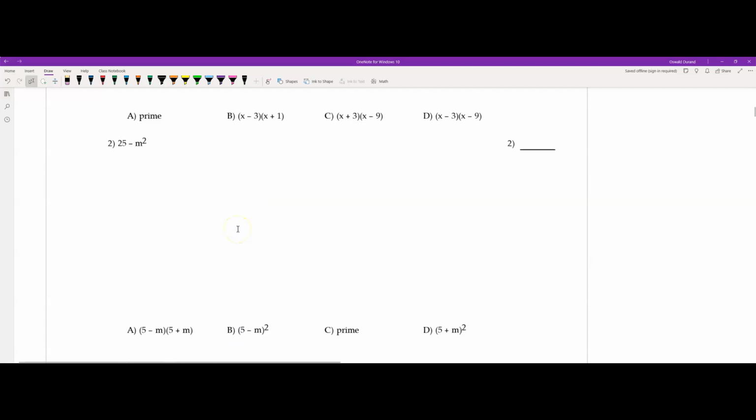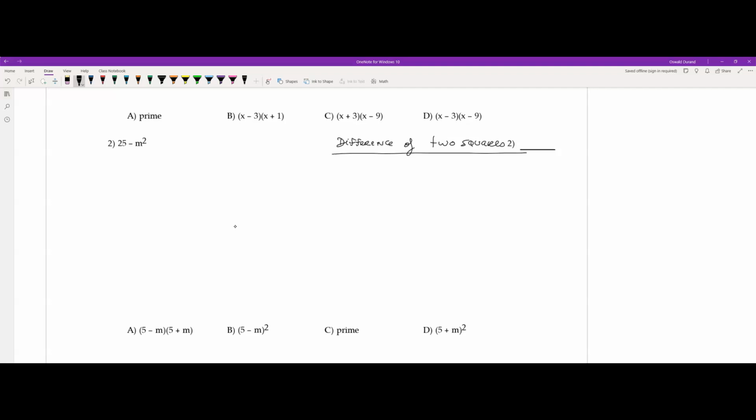Okay. So now let's get back to number 2 here. This one you have to know a formula, which is the difference of 2 squares.